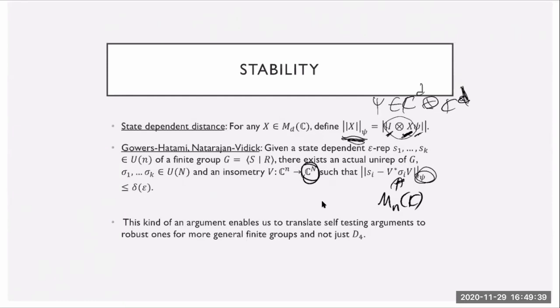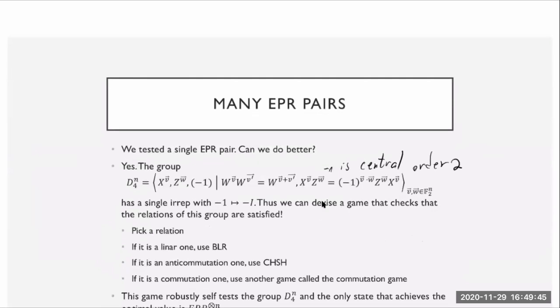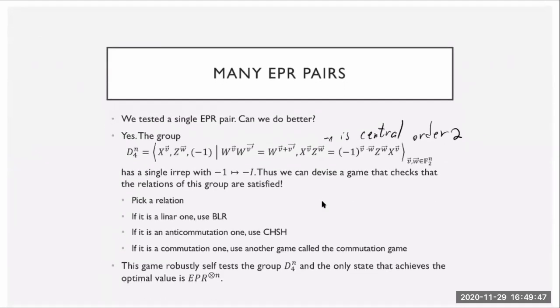And I'm reminding you what is our goal. Our goal, and I will finish by that, this part of the talk, the first hour. We want to test many EPR pairs. Okay, so we just checked that if we play the CHSH game, we force the players to share a single EPR pair.